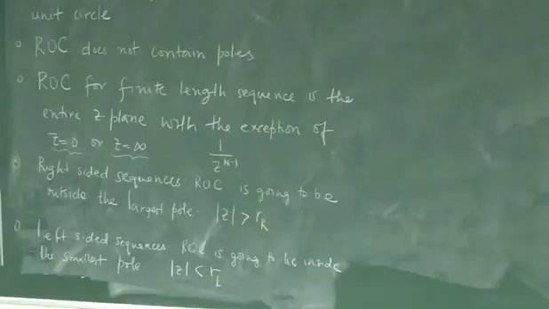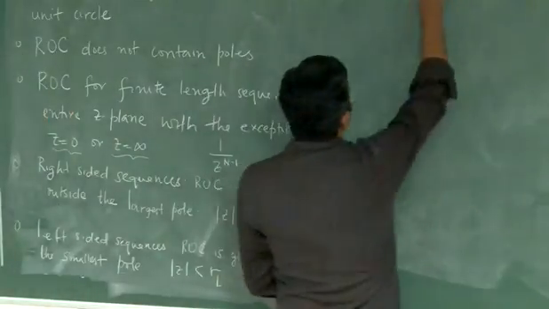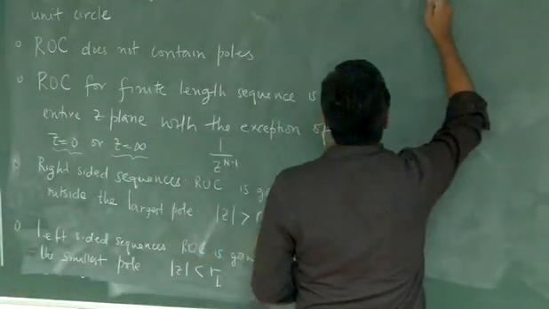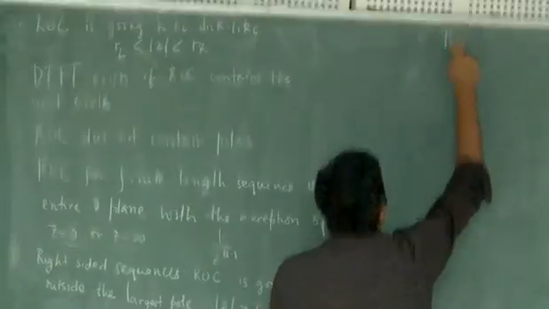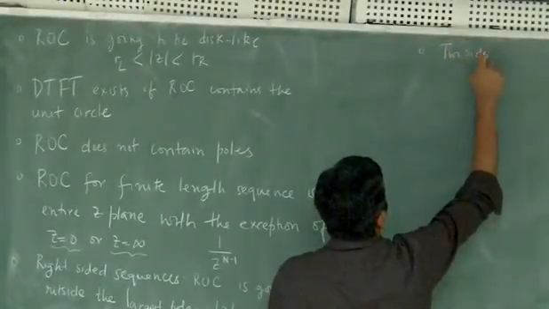So we've seen all this, right? We're just summarizing them in one place. Okay, so what's the seventh? So we have a two-sided sequence. We also saw a two-sided sequence, right?